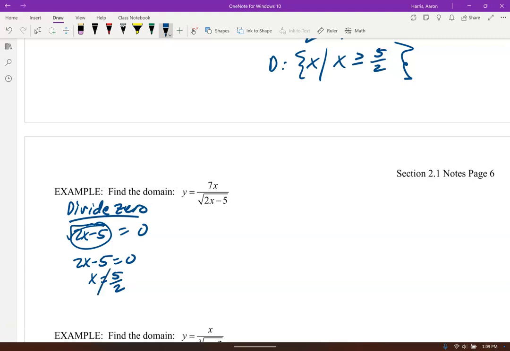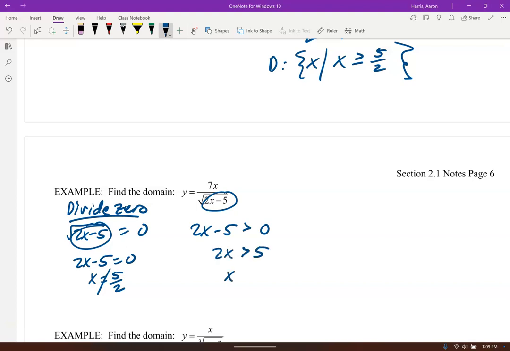In addition, I have a radical. So 2x minus 5 typically has to be greater than or equal to 0, but we can't have it be equal to 0. So we have to have it be strictly greater than 0, because if we let it be 0, I'll have a 0. I'll be dividing by 0. So in this case, 2x minus 5 is just greater than 0.